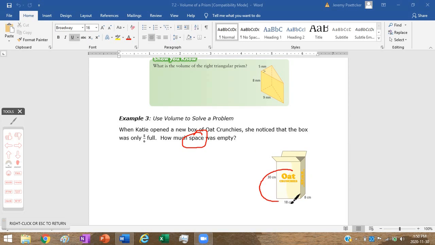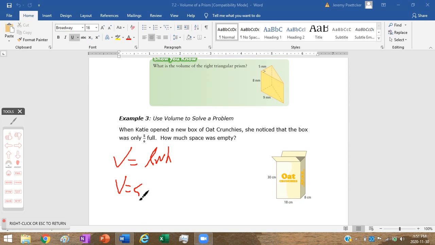So let's first of all find out what is, ooh, that didn't work out well. What is the volume of this box? And the formula for volume of a right rectangular prism, which this is, is volume equals length times width times height. Volume equals my length, and it doesn't matter which you put in where.